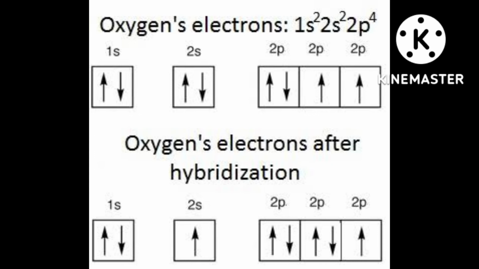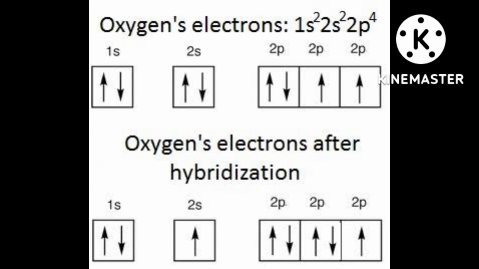In this hybridization, there is an involvement of one S and two P orbitals in order to form three equivalent hybridized orbitals, one S and two P, Px, Py, total three. Hence, after the hybridization, you will get three equivalent sp2 hybrid orbitals.